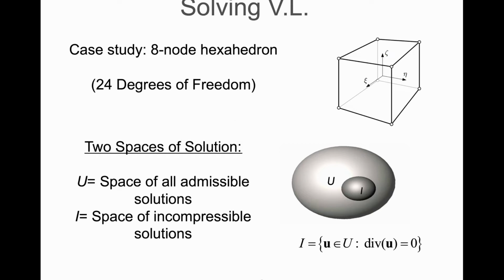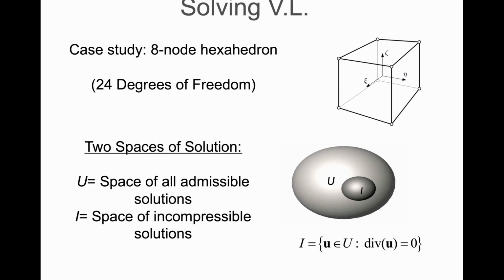So what do we know? If we have 24 degrees of freedom, we have a space of solutions that must be 24, because it's the number of degrees of freedom. When we apply a constraint, like, okay, I just want incompressible deformation patterns, not all of them, that must be a smaller space compared to the bigger one that is all possible solutions.